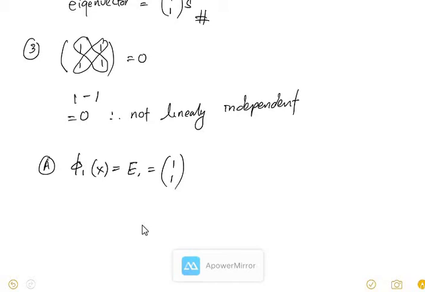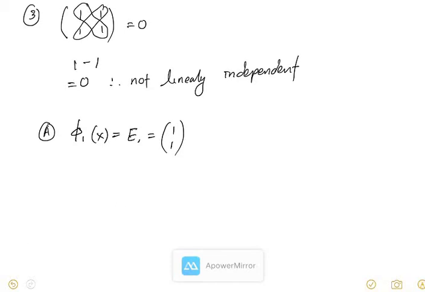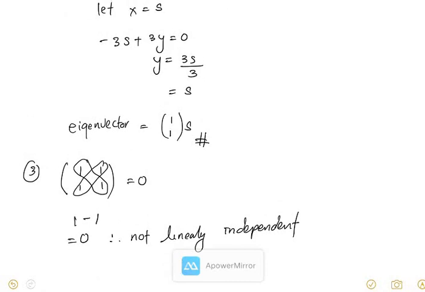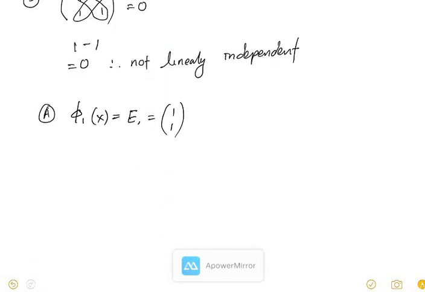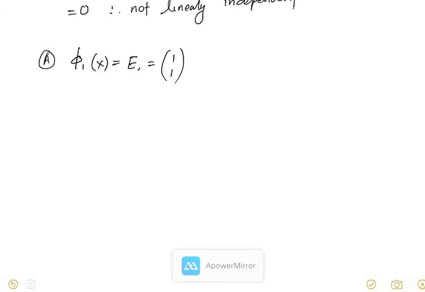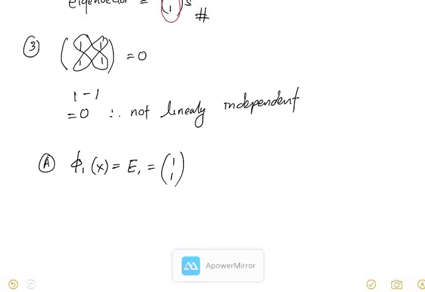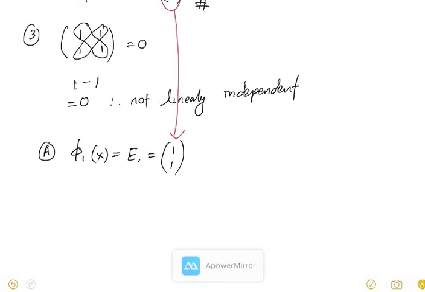So this 1, 1 is from the top. This one is from there, okay? This means this one is from here. So we assume this one is the first solution.